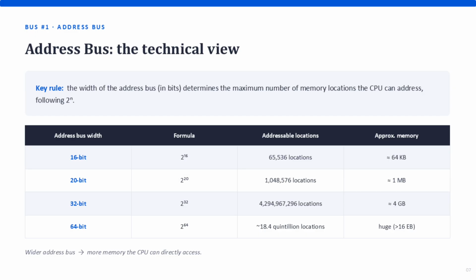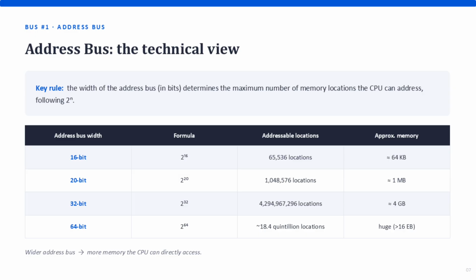So far, we have learned that the address bus tells memory where the CPU wants to read or write data. Now, let's answer a very interesting question. How much memory can a CPU actually access?